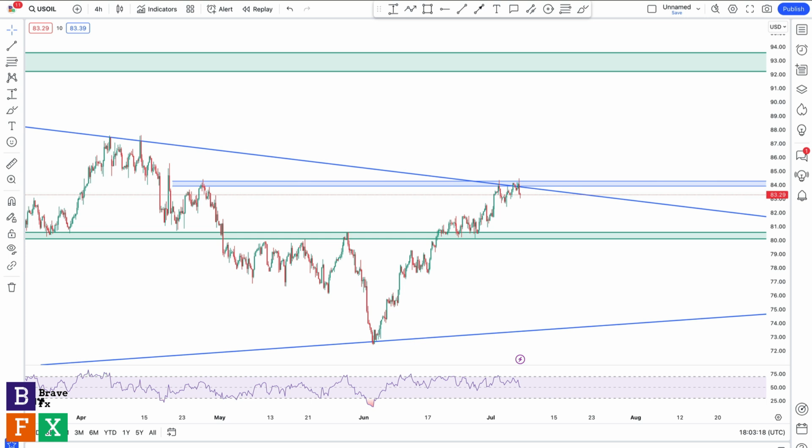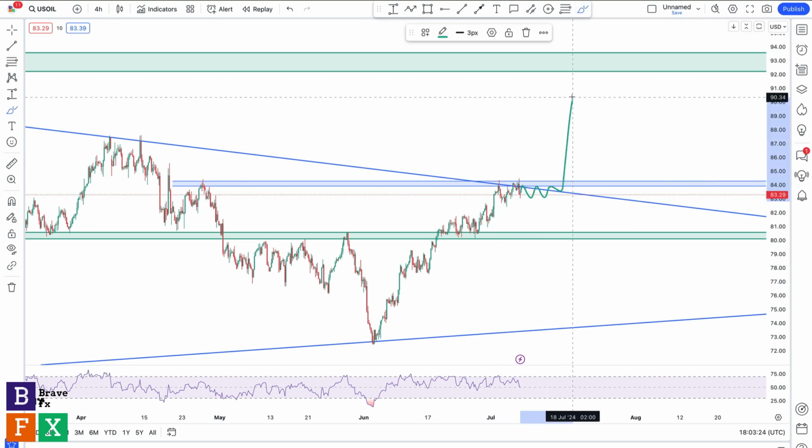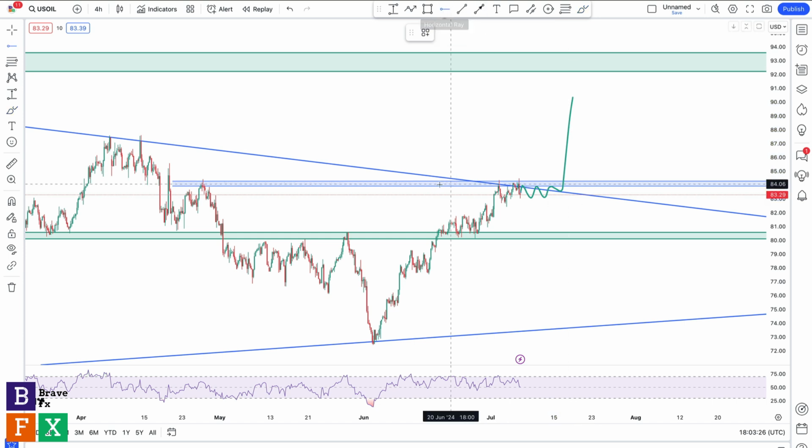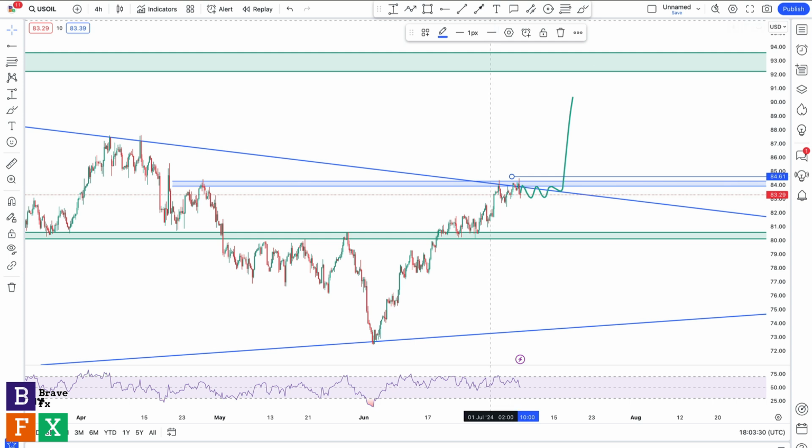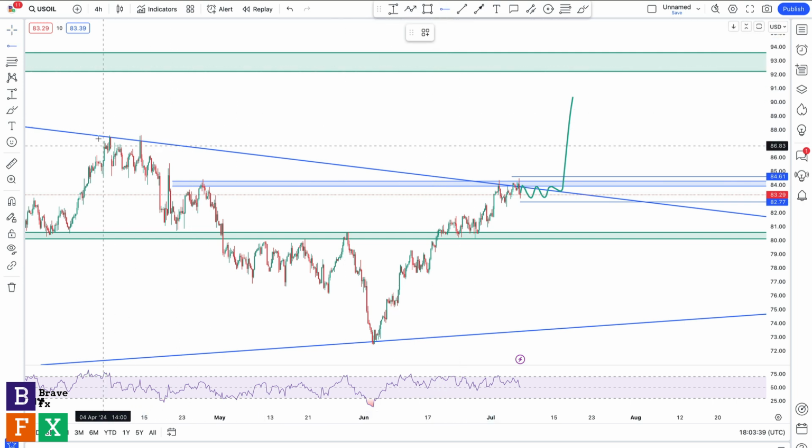To go long, the first bullish case scenario will be watching out for more consolidation over here, followed by a bullish breakout. The bullish breakout has to take out this resistance level. So I'm going to go long at a break of the resistance level. My stop loss is going to be below the consolidation that leads to the breakout. First take profit target, of course, is going to be around these highs.